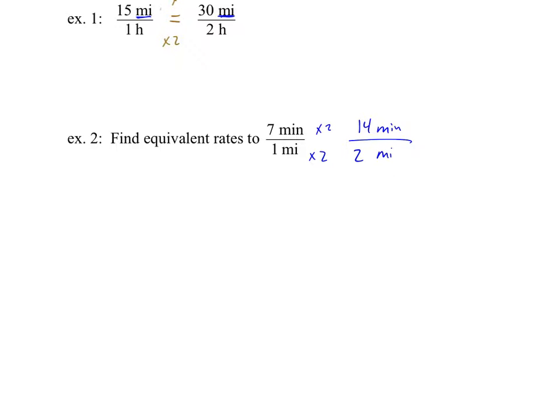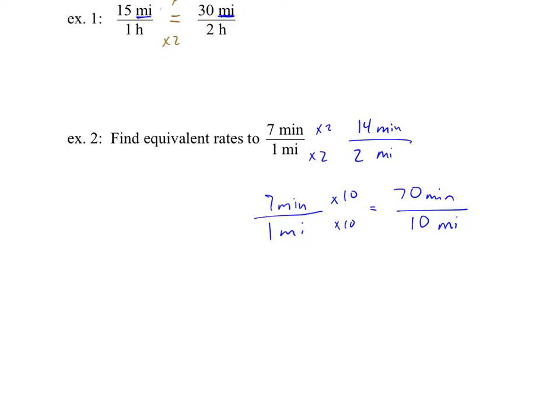Good. What else could I do? I could multiply by 10. So I could say 7 minutes per 1 mile and do times 10. Times 10, I would get 70 minutes per, not 7, 10 miles.